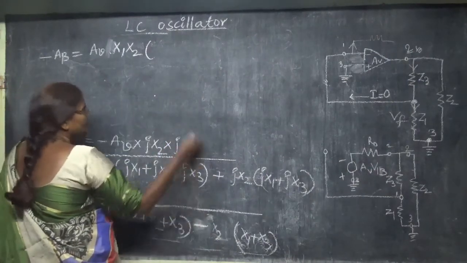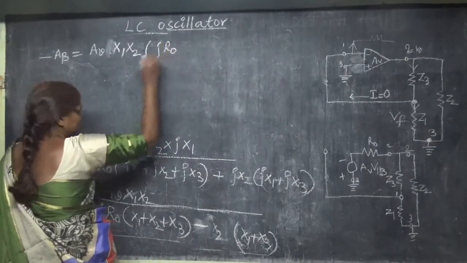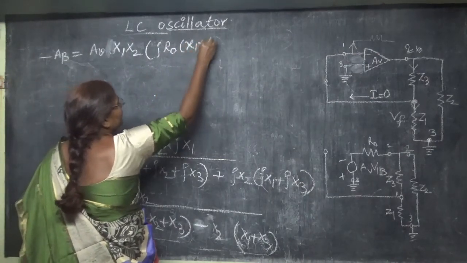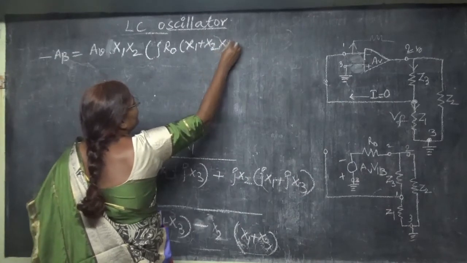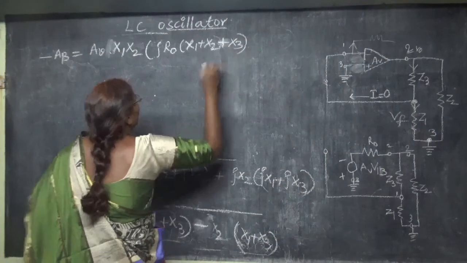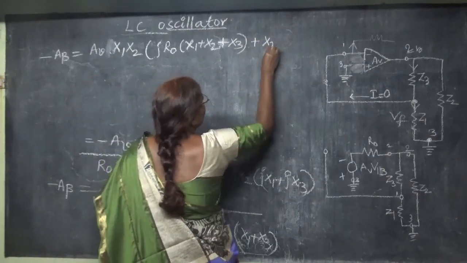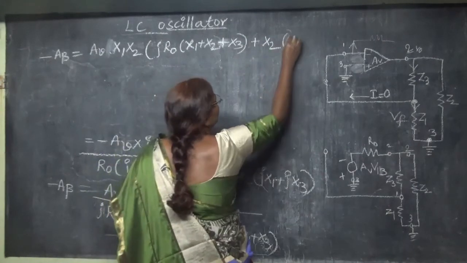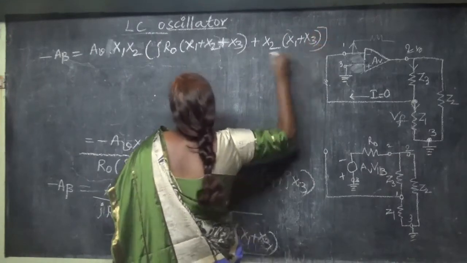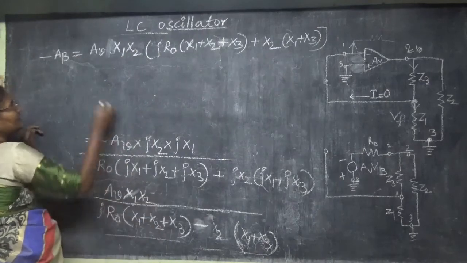So what I get is jr0 into x1 plus x2 plus x3 plus x2 into x1 plus x3. So this is the quantity with which I am multiplying numerator as well as the denominator.